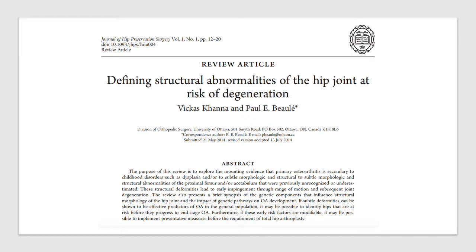There are structural abnormalities in both joints that can be identified as risk factors for the development of hip osteoarthritis. They can be seen from childhood onwards, shallow sockets such as hip dysplasia, and problems that are seen in childhood, for example, slipped upper femoral epiphysis and Perthes disease, will lead to osteoarthritis in later life.